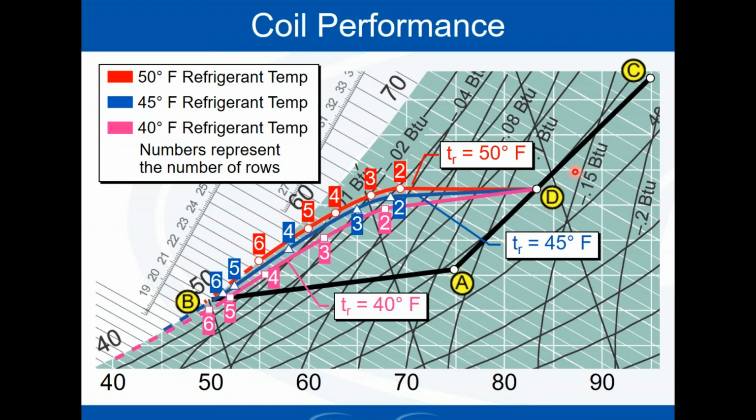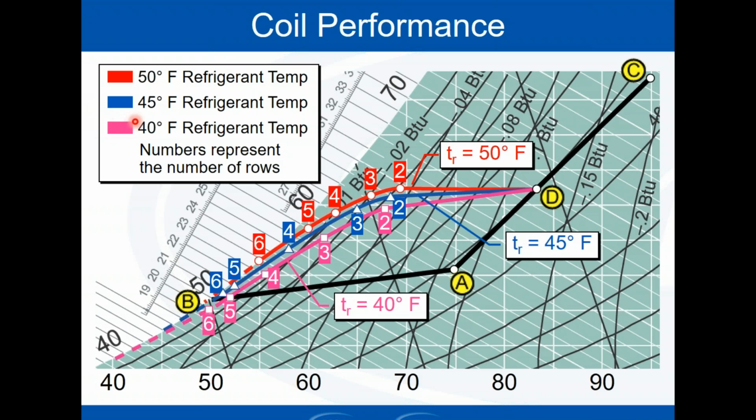If I was to draw a line from point D to point B on here, let's use a 4-row coil for example purposes with 50-degree refrigerant. My line would go from D to the red 4, and I could figure out my sensible heat ratio based on that slope.